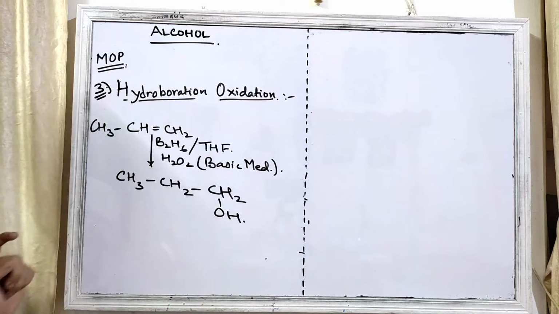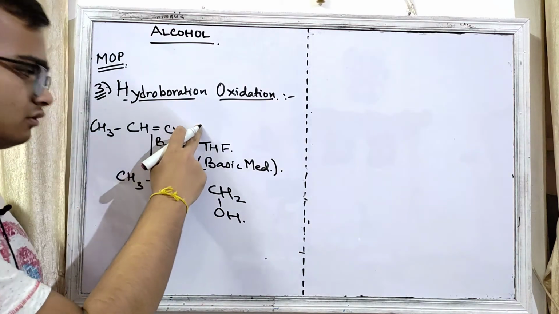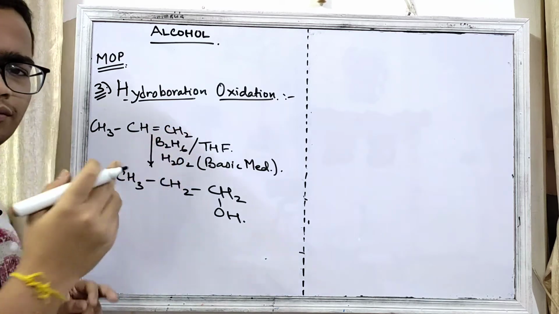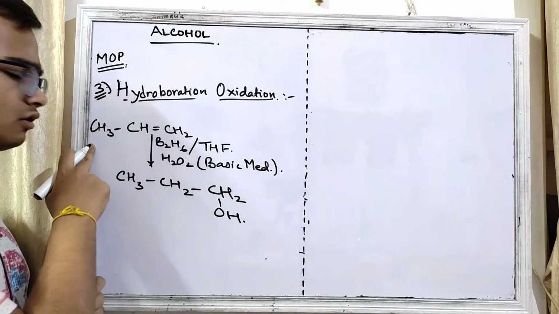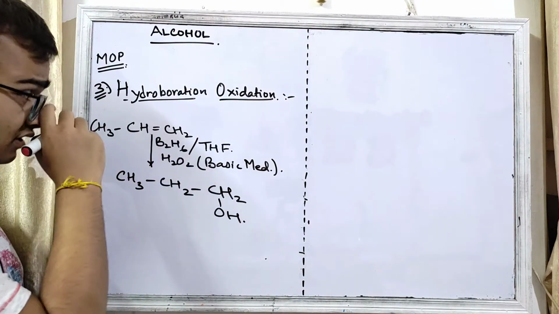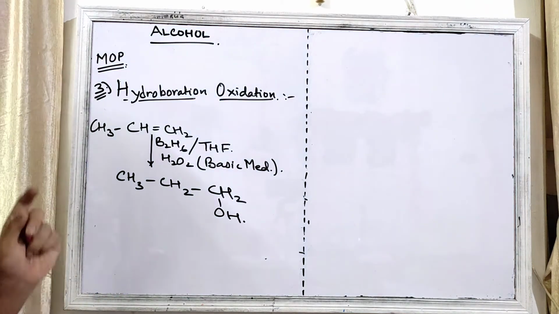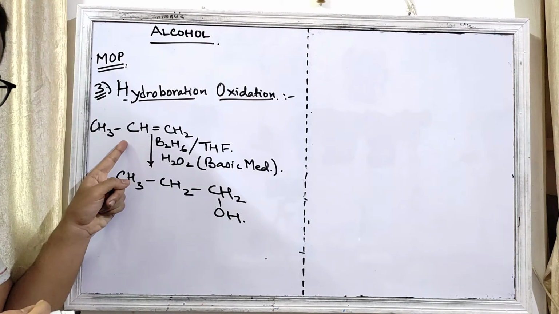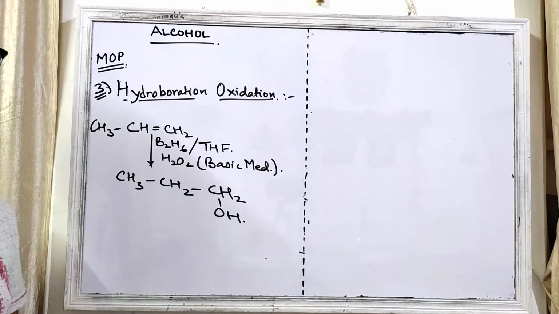Now if you notice here, anti-Markovnikov rule is being followed. Why? Because on either side of the double bond the OH could be added. If we consider only these two carbons, the carbon which has the lowest number of hydrogen atoms is this, but in the hydroboration oxidation, anti-Markovnikov rule is followed.